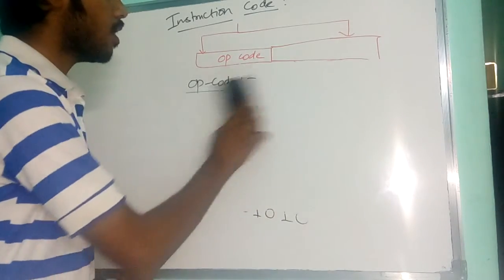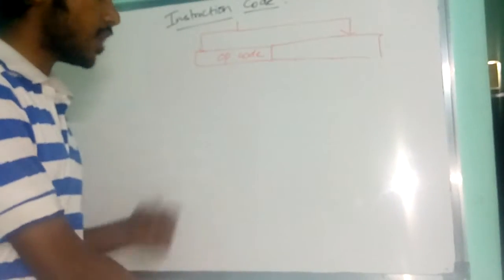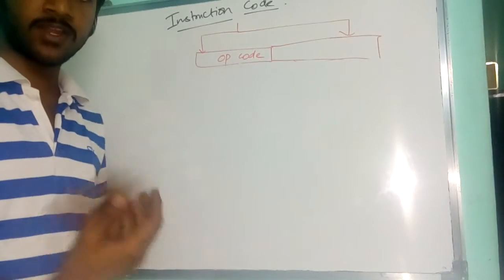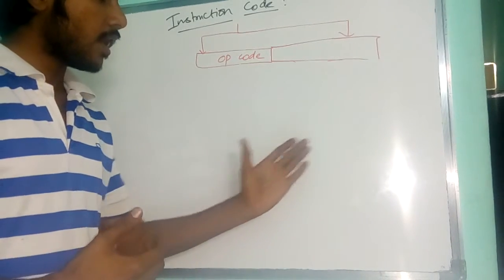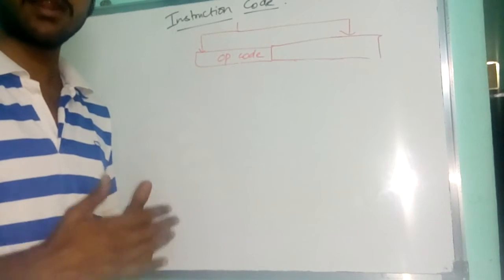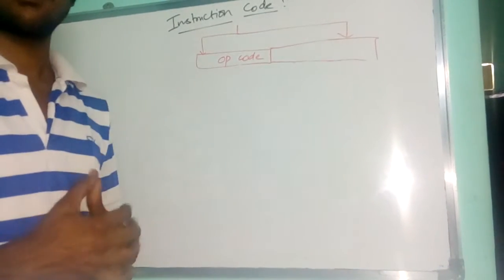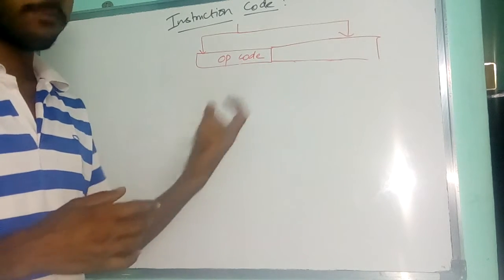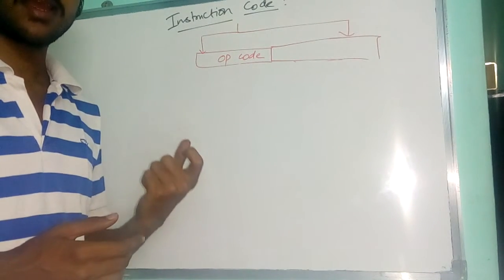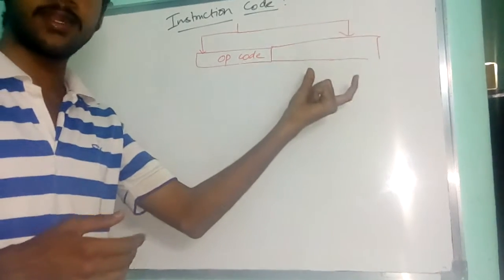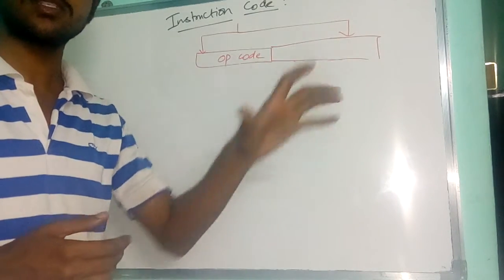Now, I have given my opcode and I have decoded it. I will perform addition, but from where am I getting my operand?